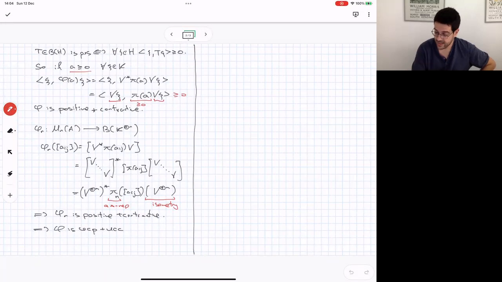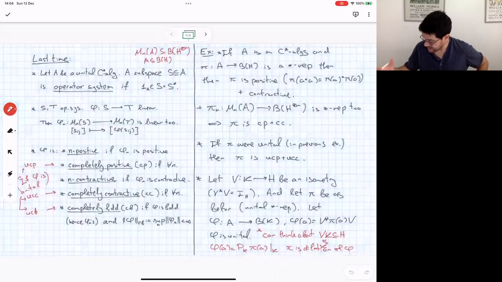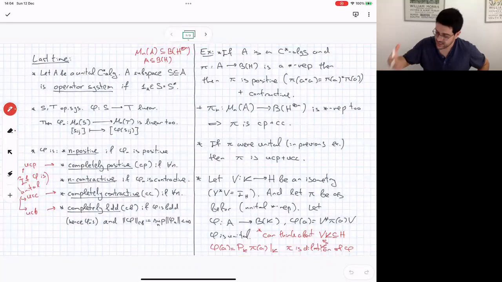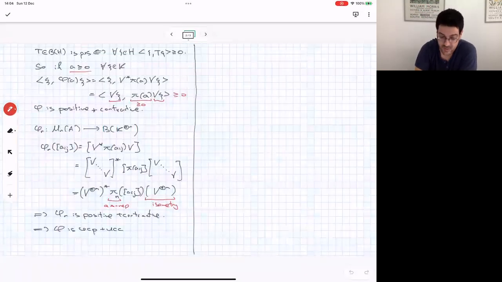So we just showed that compressions of star representations are UCP and UCC, compression being the opposite of dilation, and we will show next time that these are the only examples in some sense.